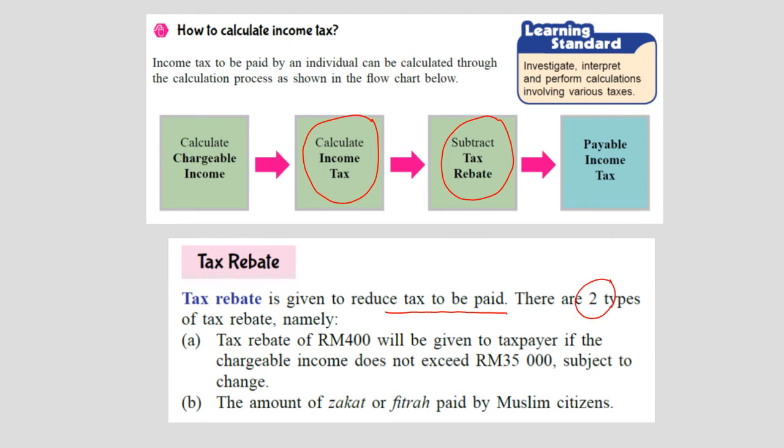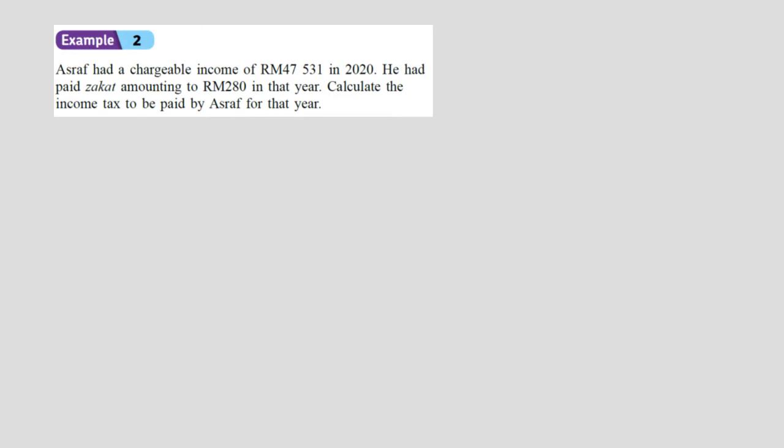There are two types of tax rebate, namely a tax rebate of 400, which will be given to a taxpayer if chargeable income does not exceed 35,000, or the amount of zakat or fitrah paid by a Muslim, which you can minus. Then now you can calculate the income tax that has to be paid by Ashraf for that year. The zakat is 280.